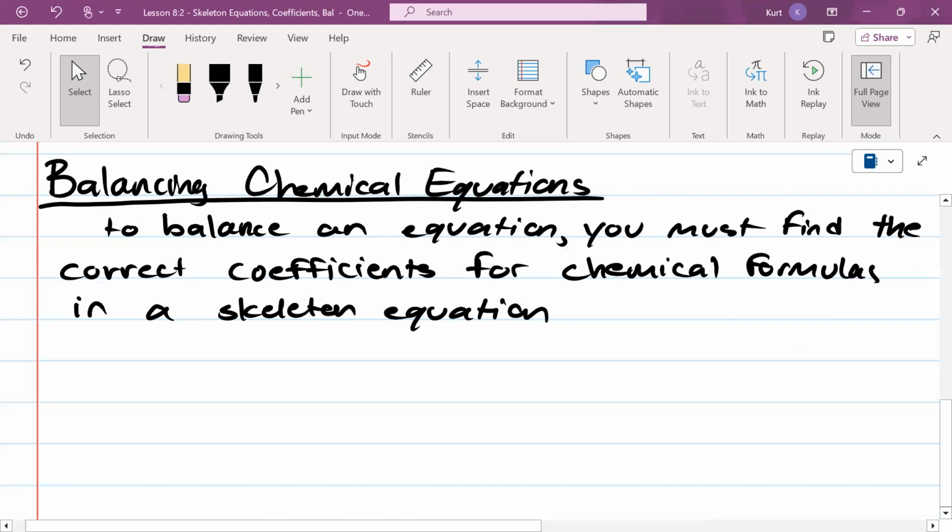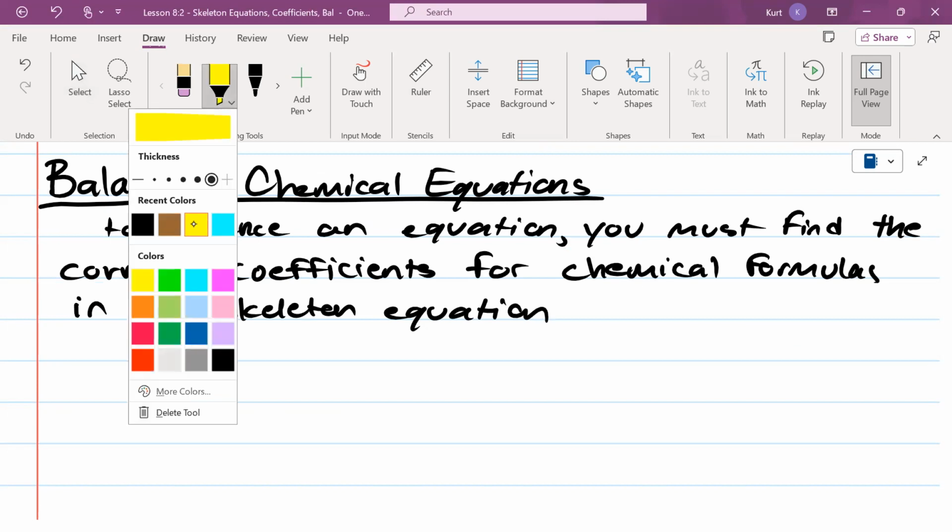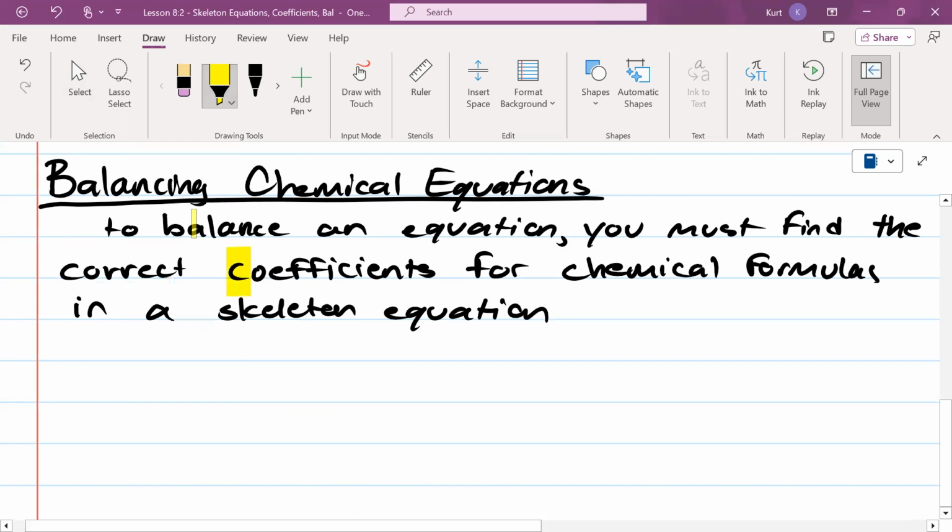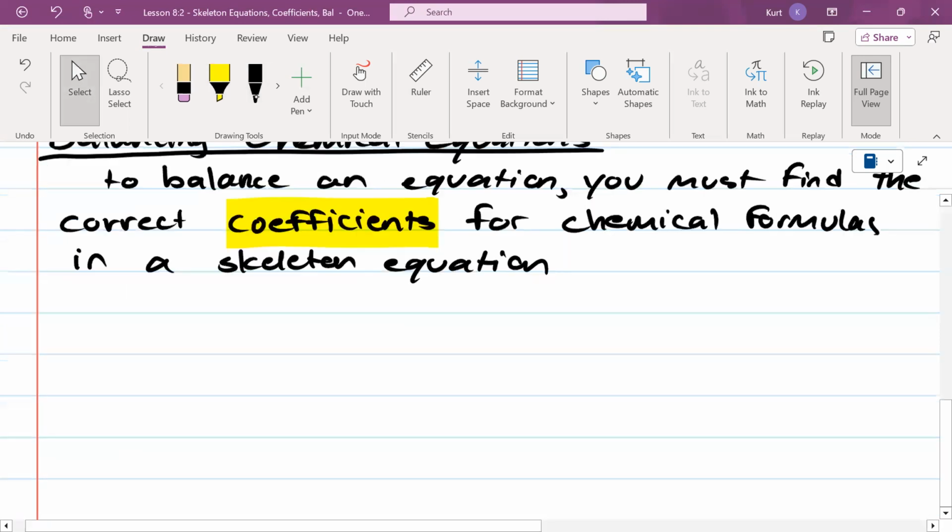And so before my computer ran out of power, I was given this definition or this description. To balance an equation, you must find the correct coefficients for chemical formulas in a skeleton equation. And skeleton equations are what we did on Thursday, the previous class for lesson 1.